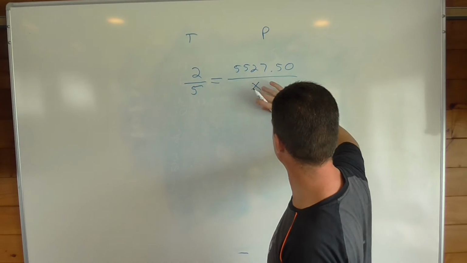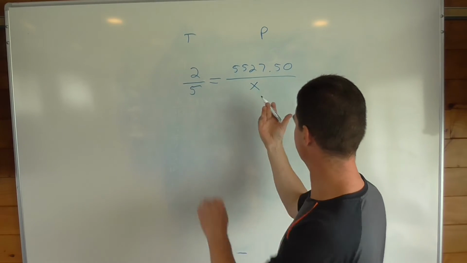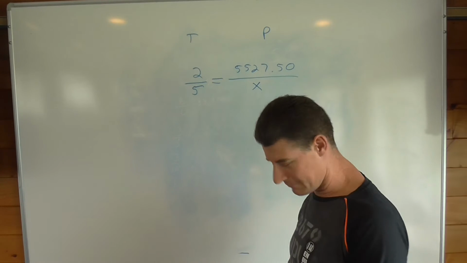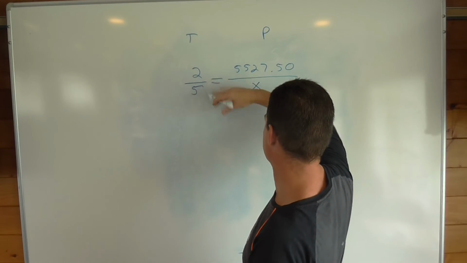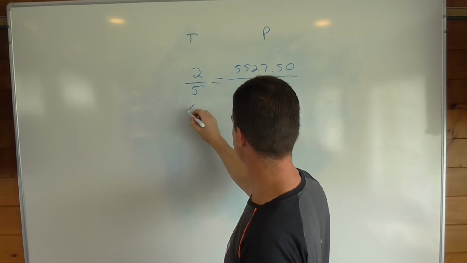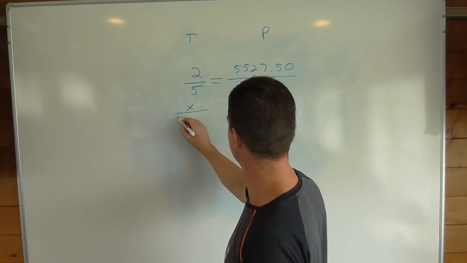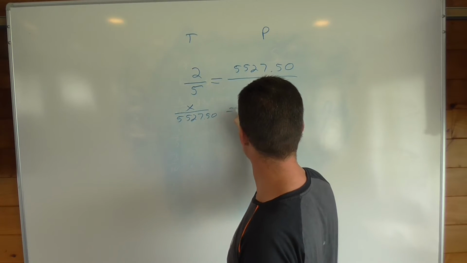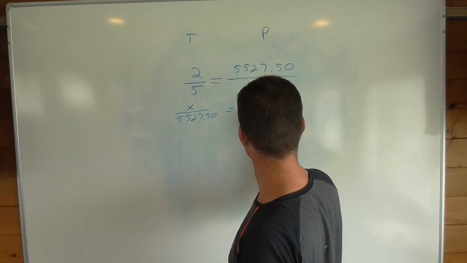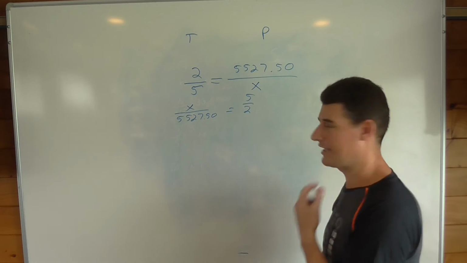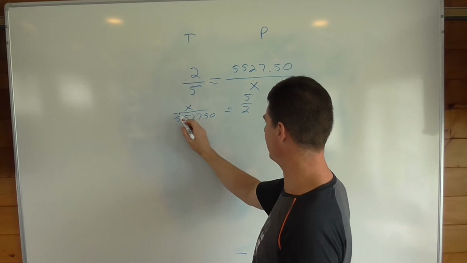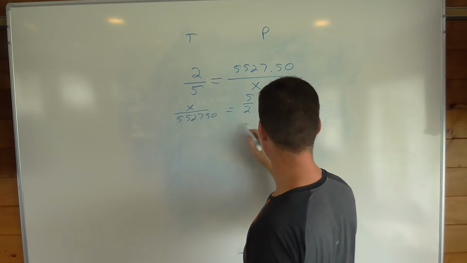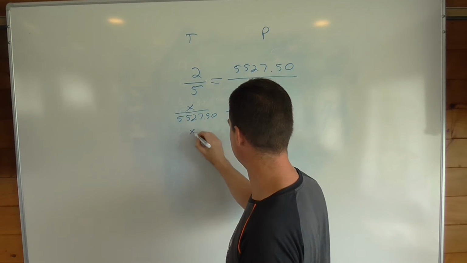Okay, so now we need to get the X on the top. I like to get the X on the left hand side, so we're just going to turn it around because I like the X to be on the top. So it's X divided by 5,527.5 equals 5/2. In other words, we divided on this side, so if we bring it over, we're going to multiply it.